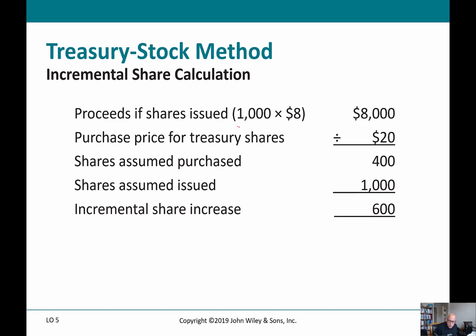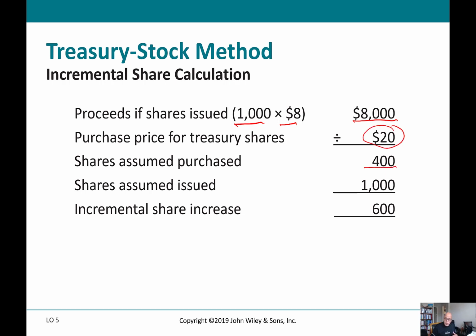It's 1,000 options. To exercise the option, they have to give me $8. So I should get $8,000, and the problem said the market price was $20 per share.